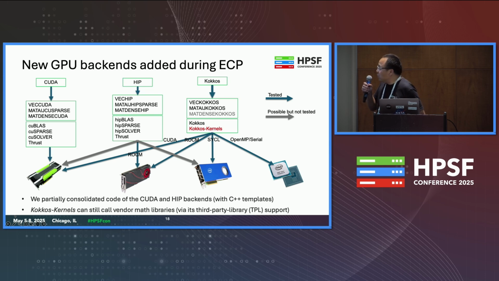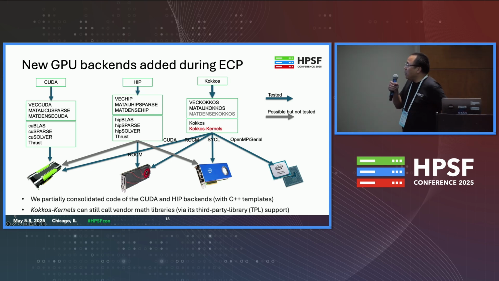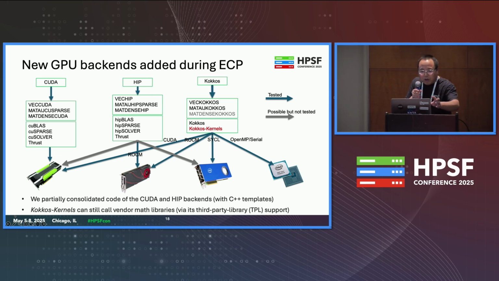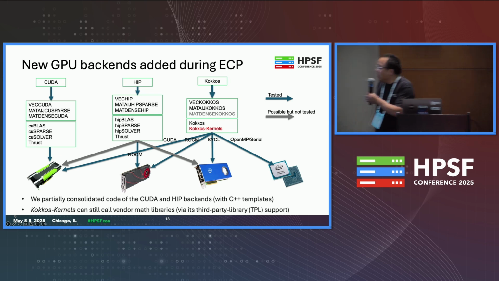This slide shows the three GPU backends currently in PETSc. The first is the PETSc CUDA backend, which was the original backend, and we later improved on it. The right one is the new Kokkos backend.